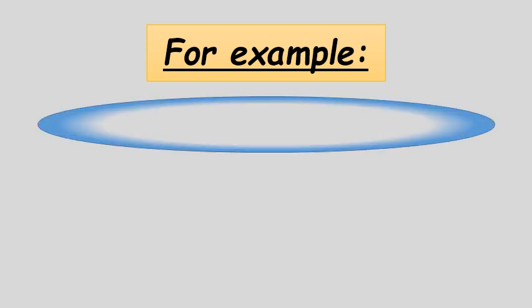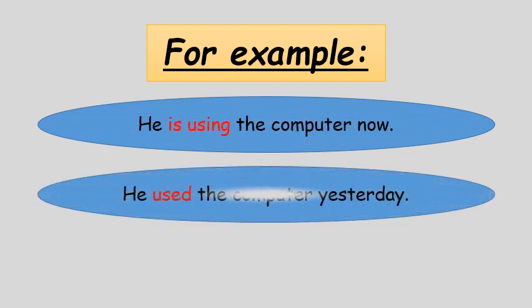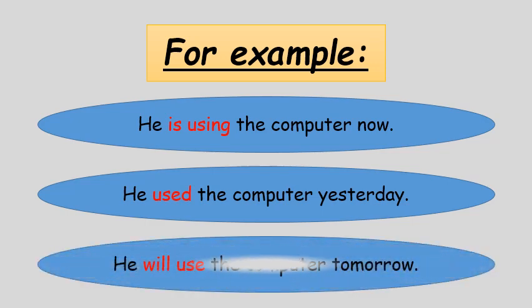Number 1. He is using the computer now. Number 2. He used the computer yesterday. Number 3. He will use the computer tomorrow. The same verb use is used in all these sentences, but we find different forms of the verb in the sentences.